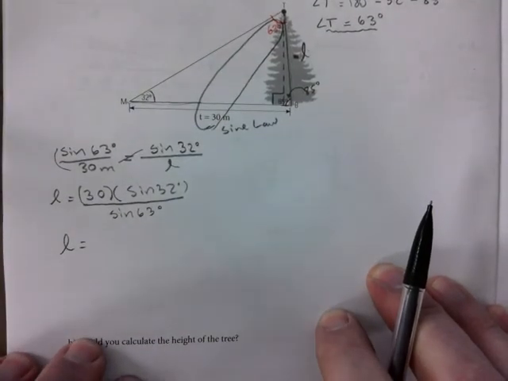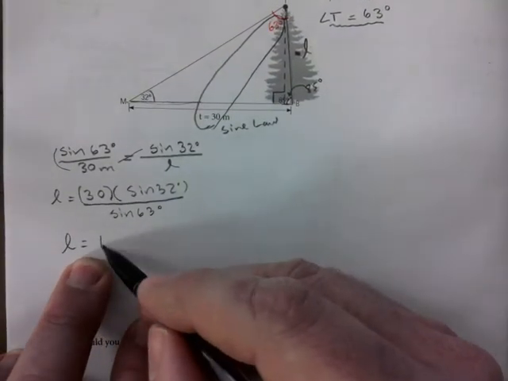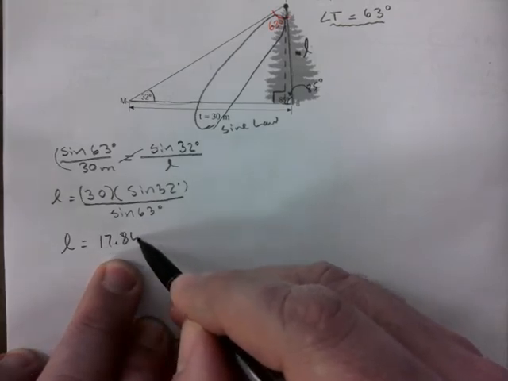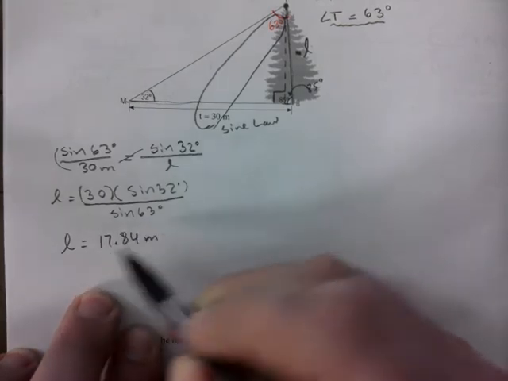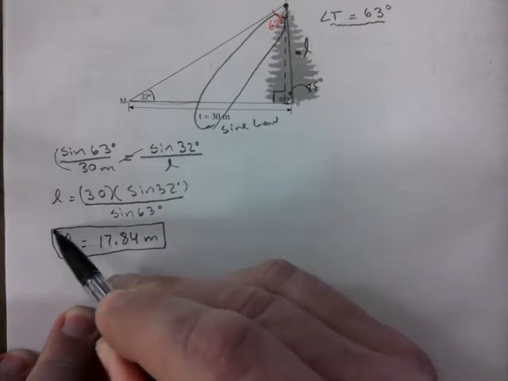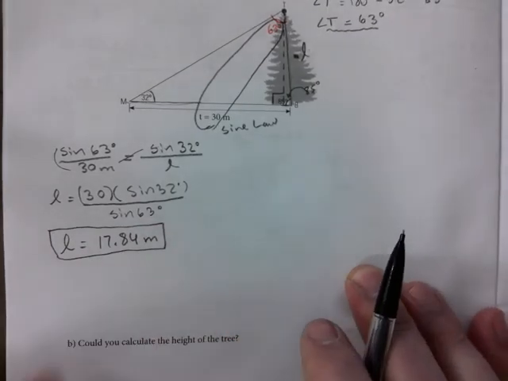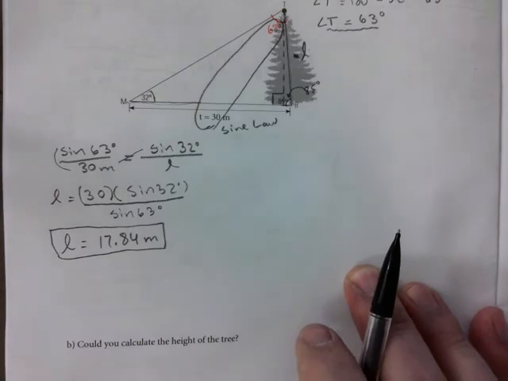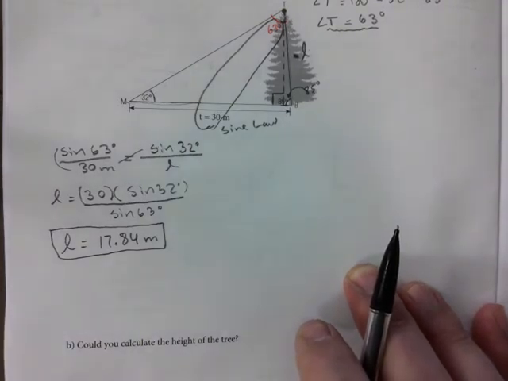When you do that, you get 17.84 meters. This is the length of the tree. You could have called it X, Y, whatever you want to call it. I chose to go with L, for length. So that's the length of the tree.